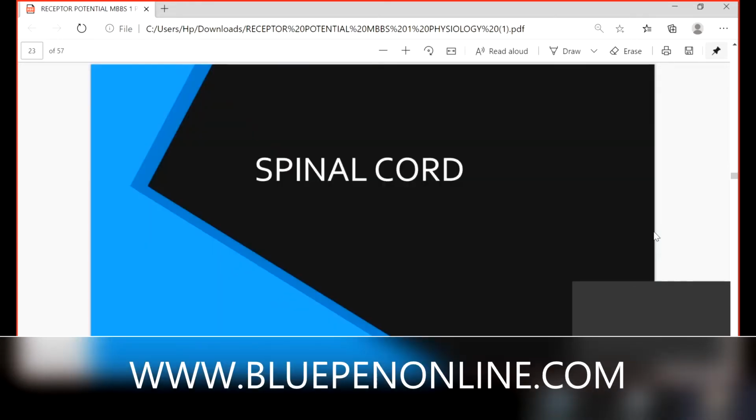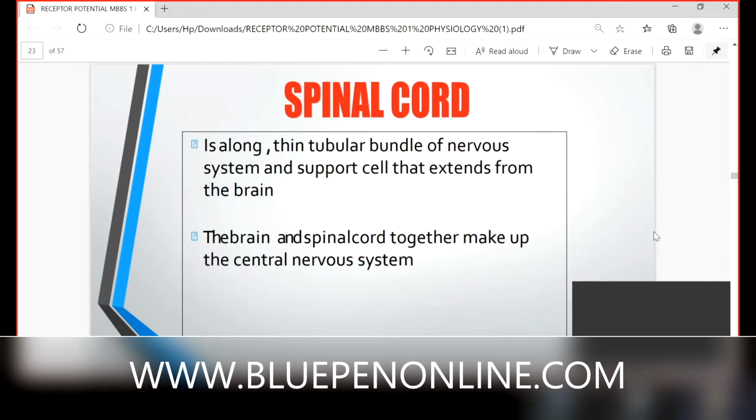Now we'll see the spinal cord. The spinal cord is actually a long, thin, tubular bundle of nerves, and they support the cells that extend from the brain. The brain and the spinal cord together form the central nervous system.